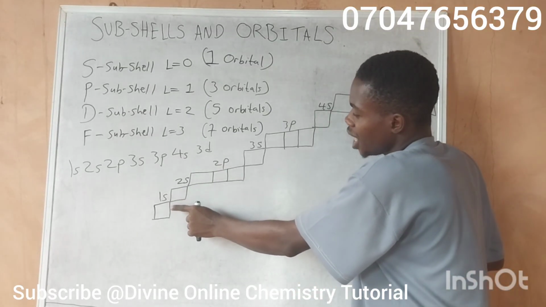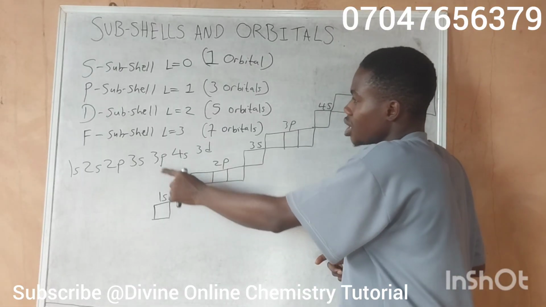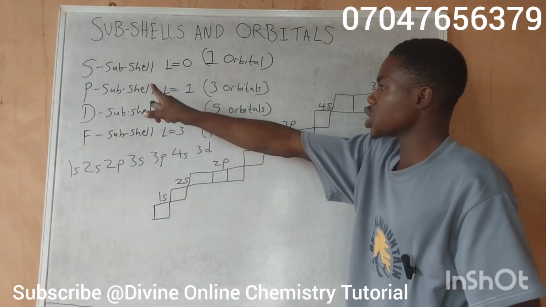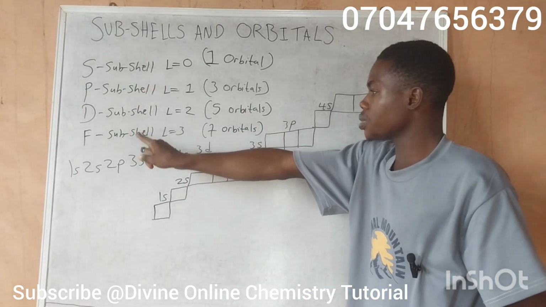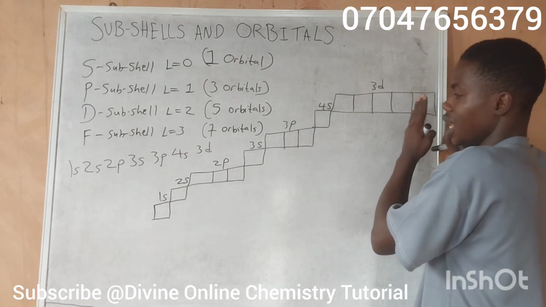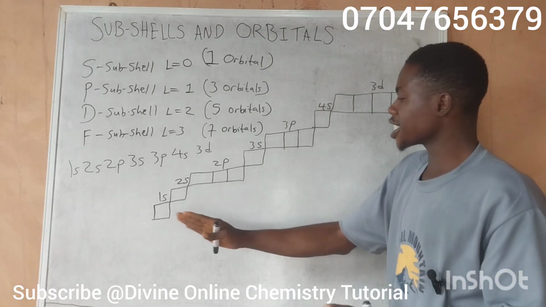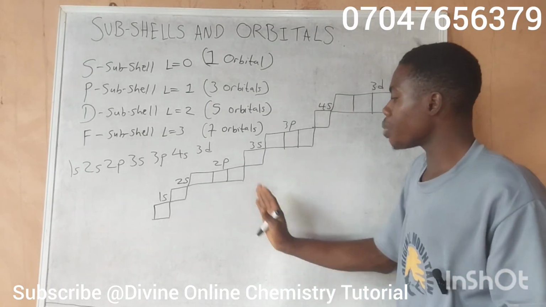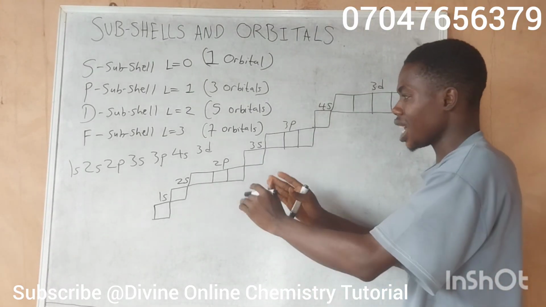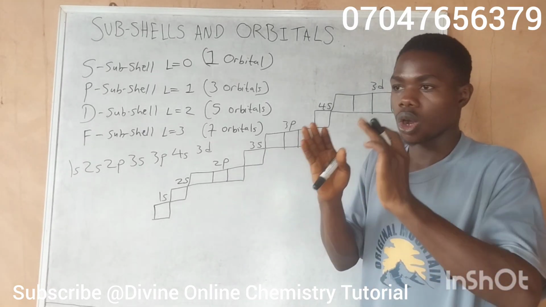The number of electrons in each is not written as a power on top of the subshell. I'll be stopping here for the first 20 elements. So with this sequence and this orbital diagram, we can write down electrons in orbitals.